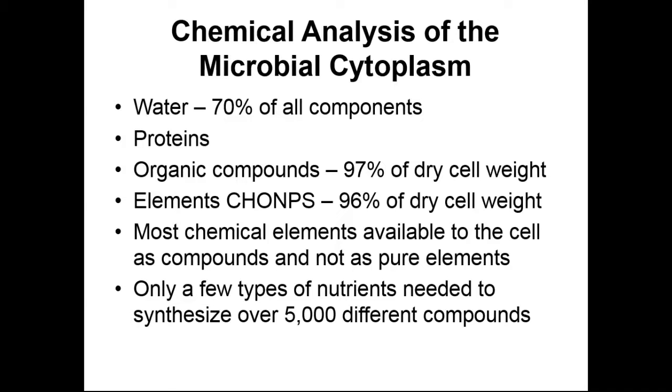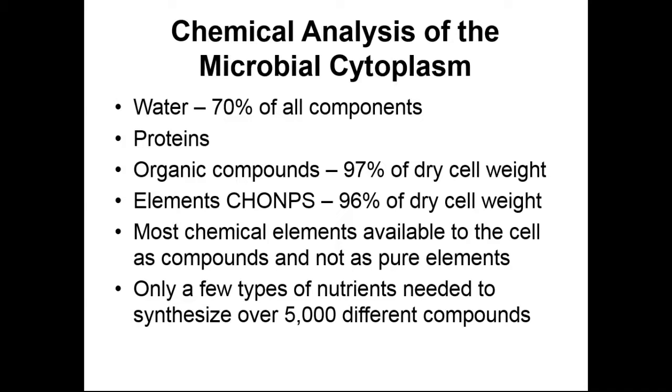Now, if that was a molecular breakdown of the cell, if we look at an elemental breakdown of the cell, and this is also going to be dry weight of the cell, so we've removed all the water. The most common element is carbon, followed by hydrogen, followed by oxygen, then nitrogen, then phosphorus, then sulfur, and it makes a great acronym, SCHNAPS. It sounds kind of like that alcoholic beverage, except you have a CH at the beginning instead of an SCH at the beginning.